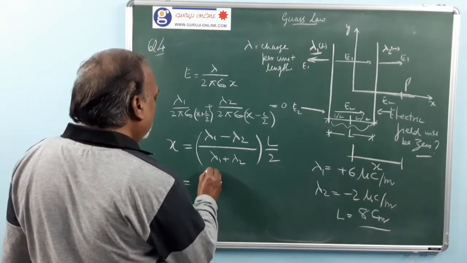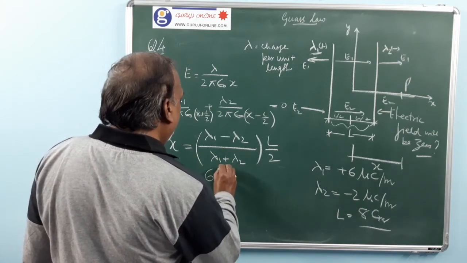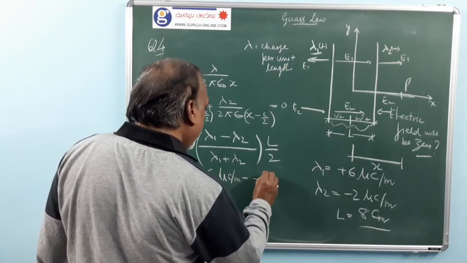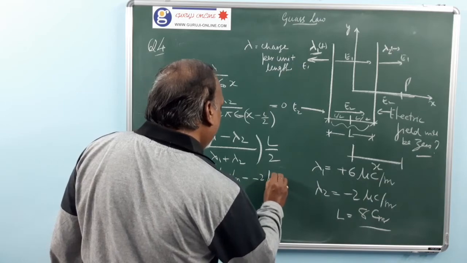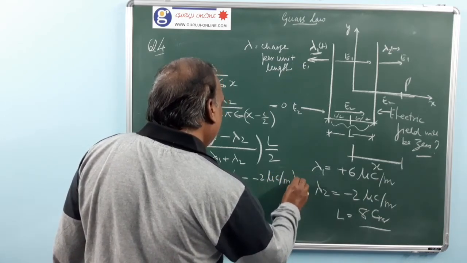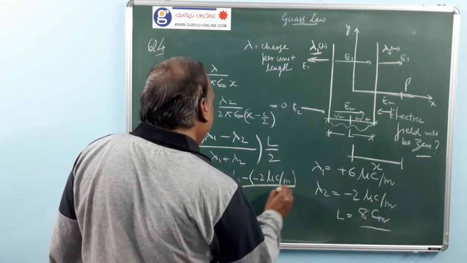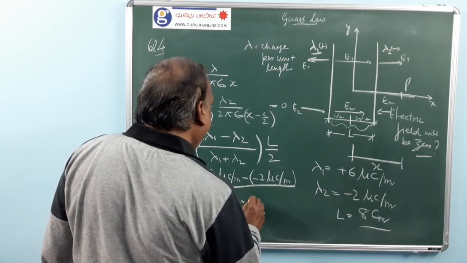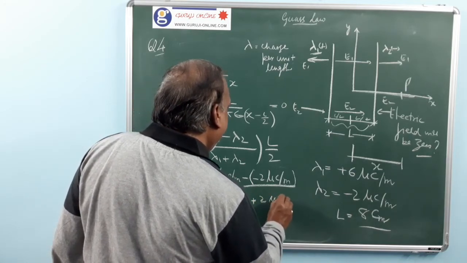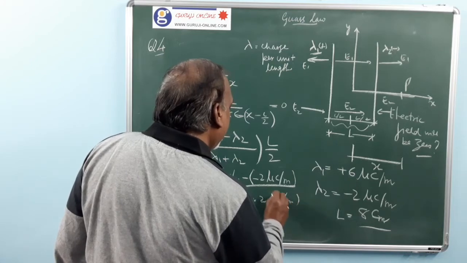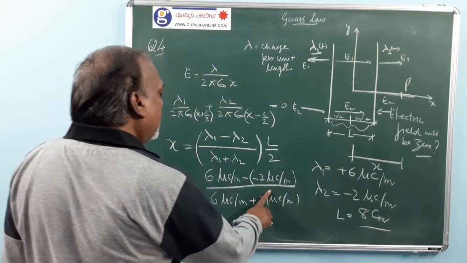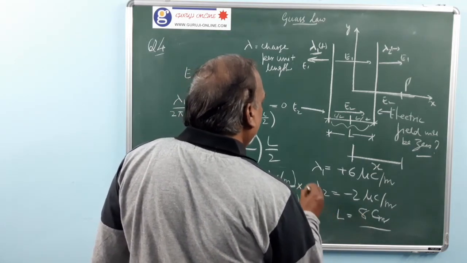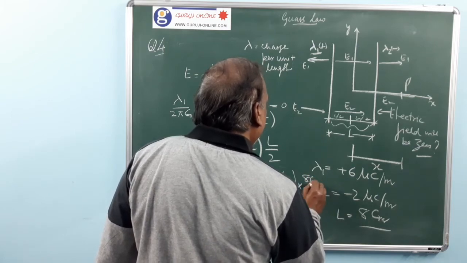Here lambda 1 is 6 micro coulomb per meter, minus this is minus 2 micro coulomb per meter, divided by 6 into 8 centimeter, meaning 8 centimeter divided by 2.